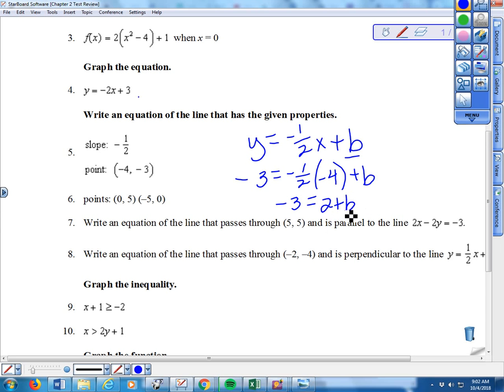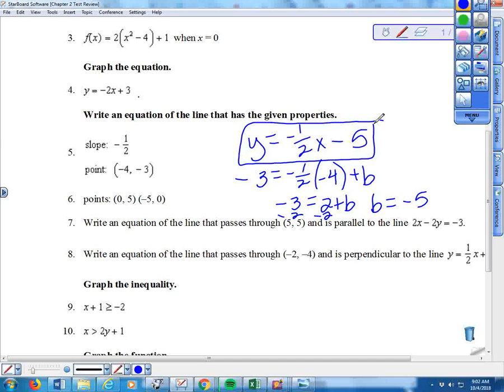So I have to subtract 2 from both sides. b is equal to negative 5. So the equation of my line is y equals negative 1/2 x minus 5. And I'm done. Questions on that process? So you've got the slope. You're just going to take the point they give you and plug it in for x and y, solve for b, and you've got your equation.